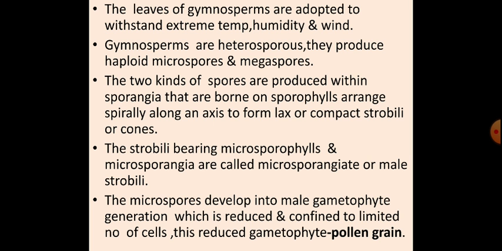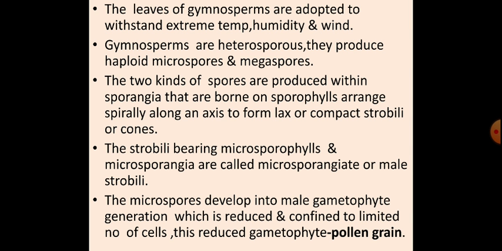Okay. Gymnosperms are heterosporous. What are heterosporous? That means they produce two different types of spores, microspores and macrospores. So gymnosperms are heterosporous, producing haploid microspores and megaspores, small and large spores.